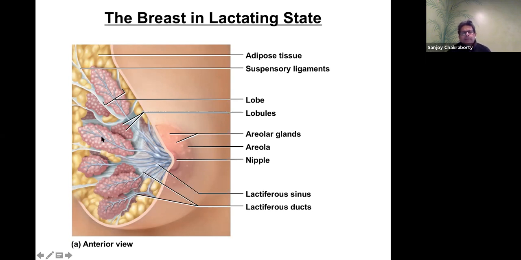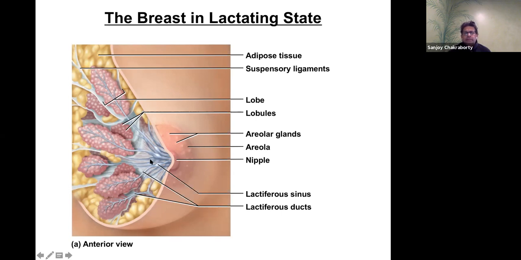And these lobules produce the milk under the influence of the hormone called prolactin. We learned that in the endocrine system chapter. And then this milk is carried by this lactiferous duct. Lactation is formation of the milk.